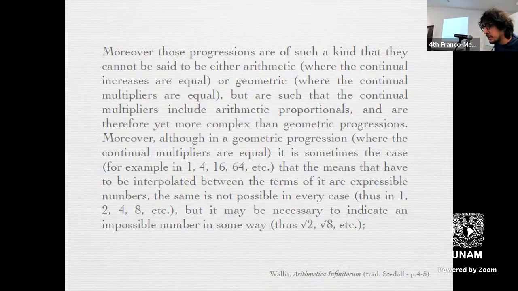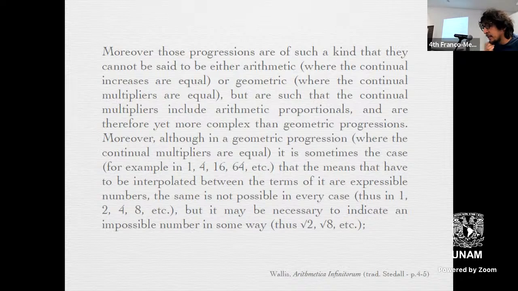Moreover, although in a geometric progression where the continual multipliers are equal, it's sometimes the case, for example, 1, 4, 64, that the means that have to be interpolated between the terms of it are expressible numbers. The same is not possible in every case. So, thus in 1, 2, 4, 8, it may be necessary to indicate an impossible number in some way, for example, the square root of 2, the square root of 8.